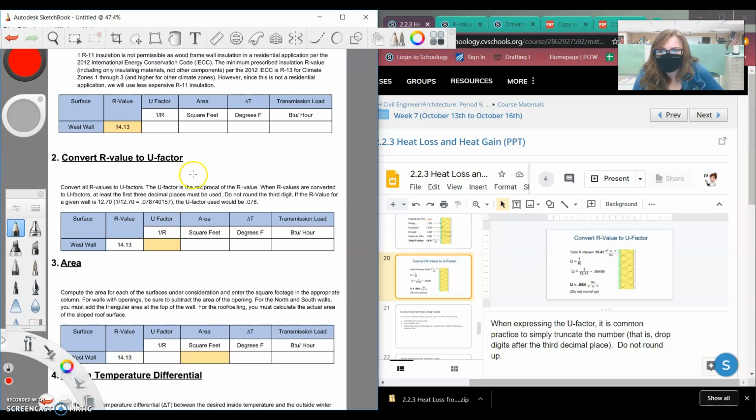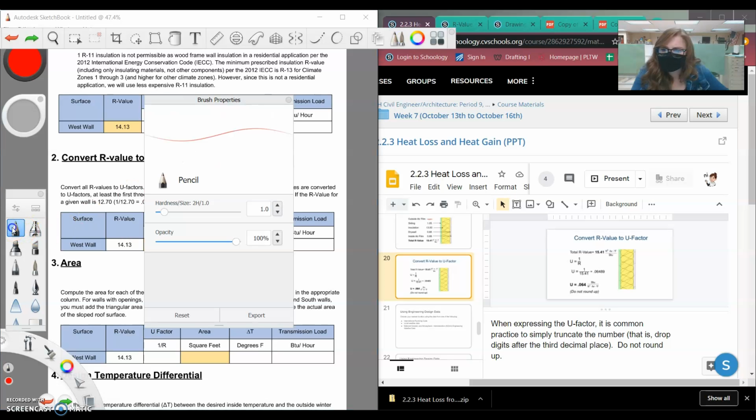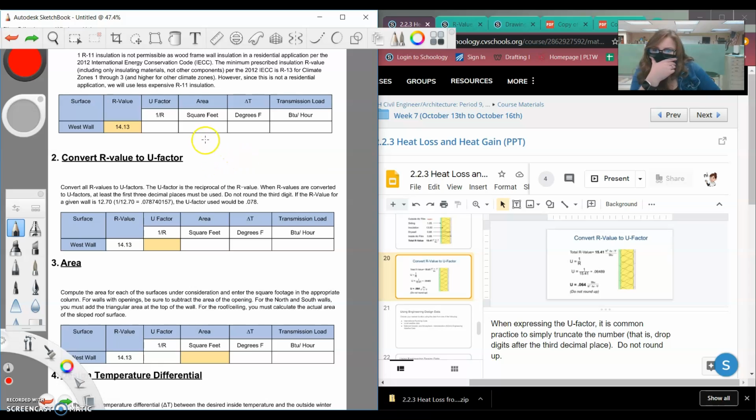So over here, for U factor, we're going to take U equals 1 divided by 14.13.